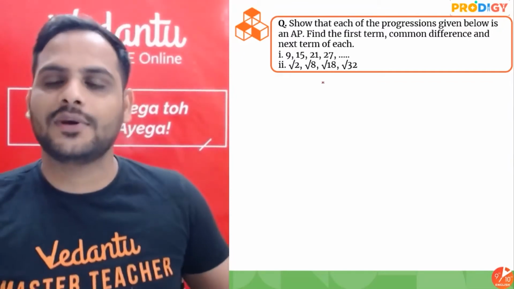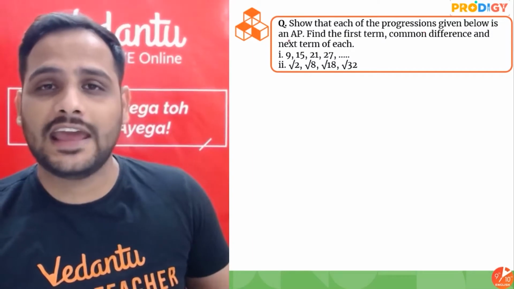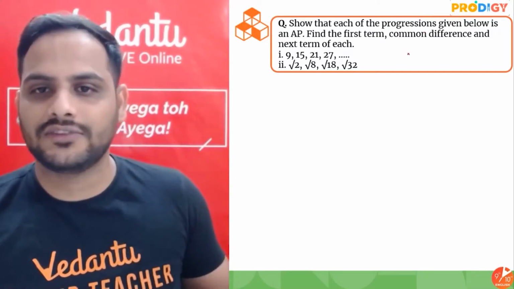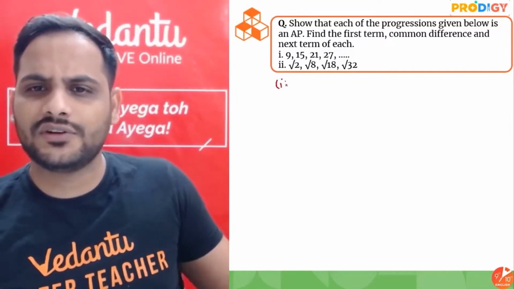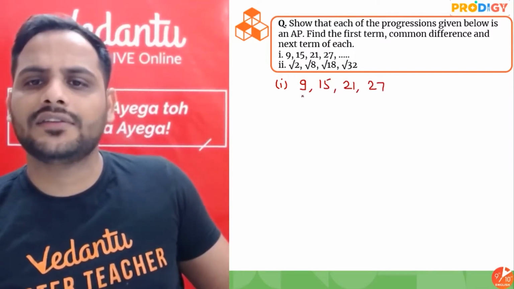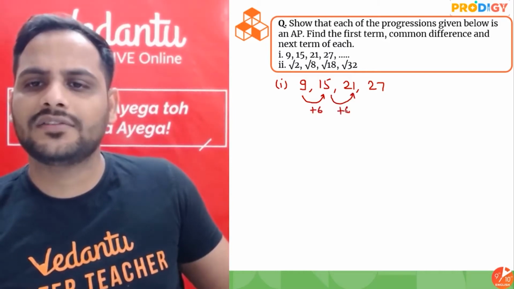Now let's look at this question. Show that each of the progressions given below is an AP. Find the first term, common difference, and next term of each. For the first one, we have 9, 15, 21, 27. From 9 to 15 I am adding 6, from 15 to 21 I am adding 6, from 21 to 27 I am adding 6.